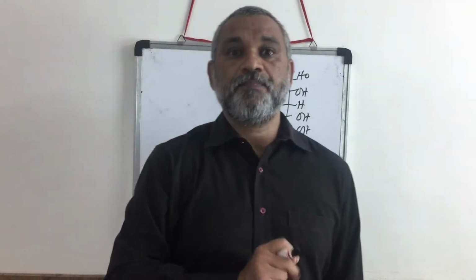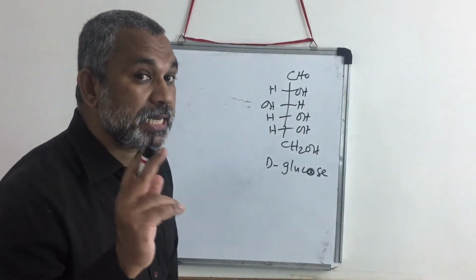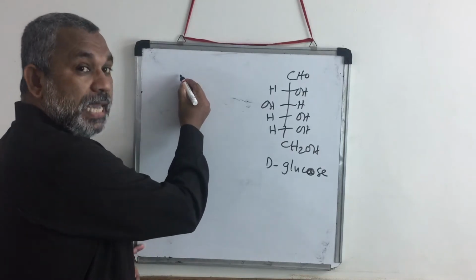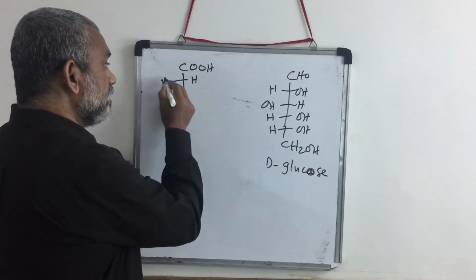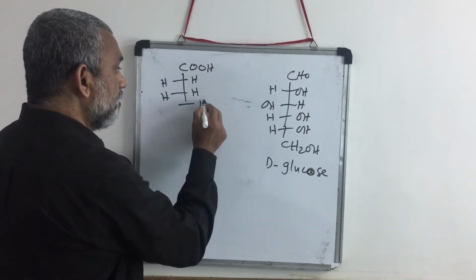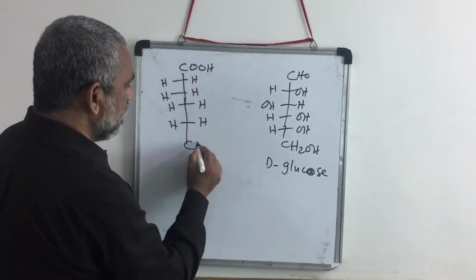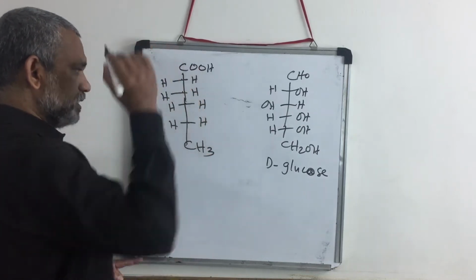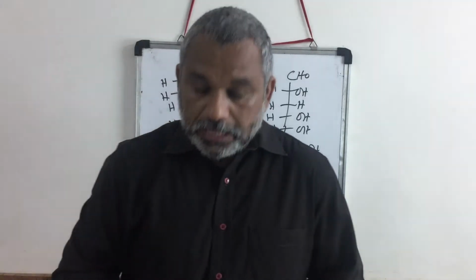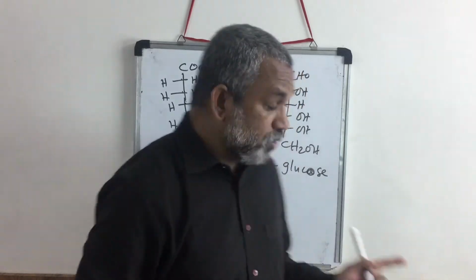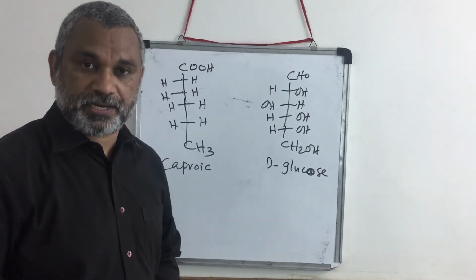Let us also consider a 6 carbon fatty acid. The 6 carbon fatty acid we are going to take is caproic acid, with a COOH group and carbons numbered 1, 2, 3, 4, 5, 6. This is caproic acid. Now we need to find how this fat gives more energy than glucose or a carbohydrate.